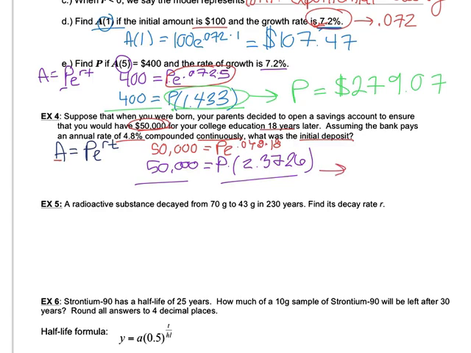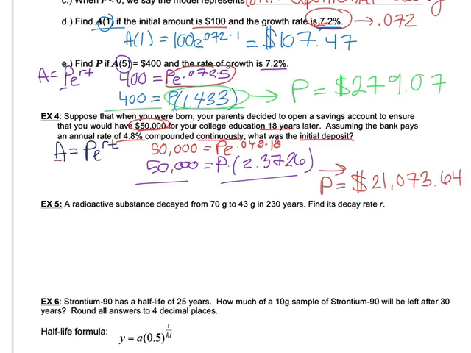so 50,000 divided by that answer tells us we should invest an initial amount of $21,073.64.